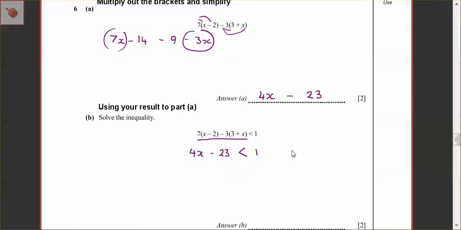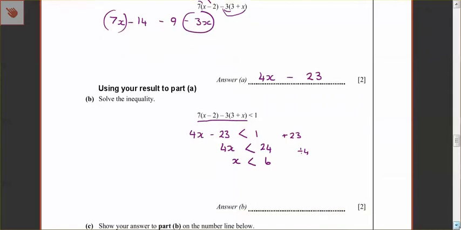Remember we did inequalities? You treat it like an equal sign. So first thing we do is add 23, so 4x is less than 24. Then we divide by 4, gives me x is less than 6.